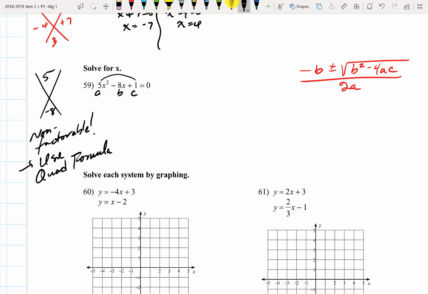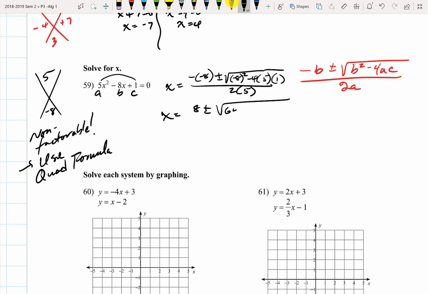So x is equal to negative of -8 plus or minus the square root of -8 squared minus 4 times 5 times 1, all divided by 2 times 5. So x is equal to 8 plus or minus the square root of 64 minus 20, all divided by 10. So x is equal to 8 plus or minus the square root of 44, all divided by 10.